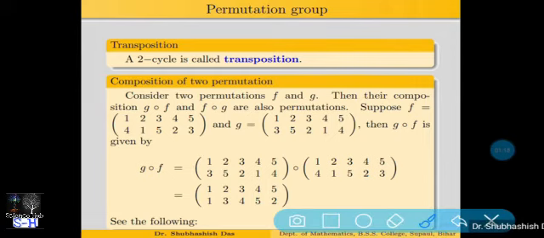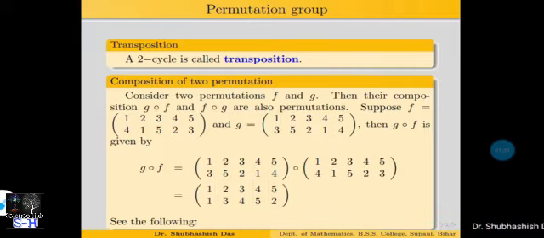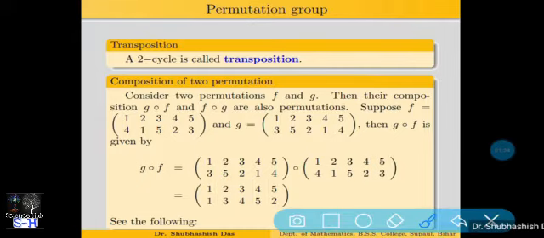Now 2 goes to 1 and 1 goes to 3, therefore 2 goes to 3. 3 goes to 5 and 5 goes to 4, therefore 3 goes to 4.